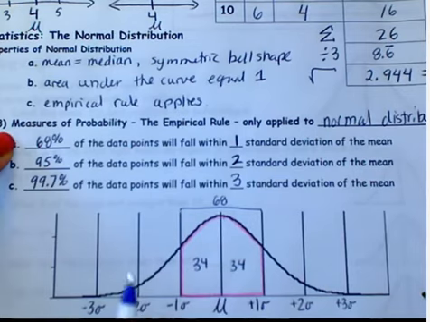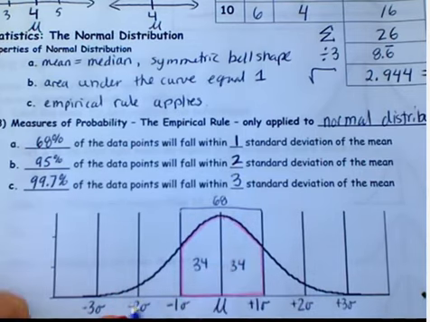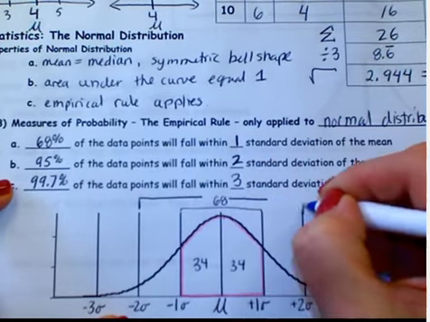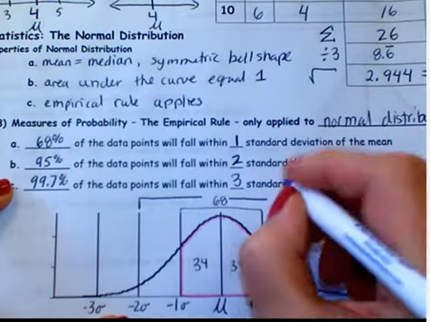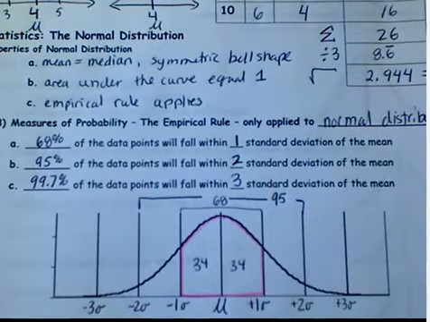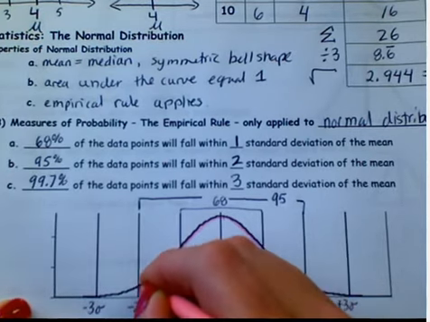Okay, let's look at the 4 sections within 2 standard deviations. So that would be from here to here. And that's going to be 95% of the data. Can you figure out what goes in each of these remaining sections? That would be right here.